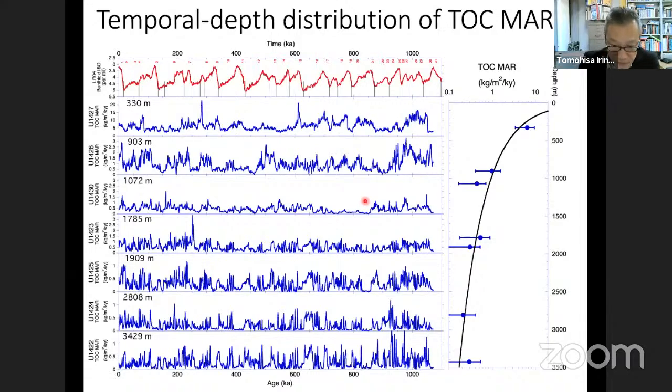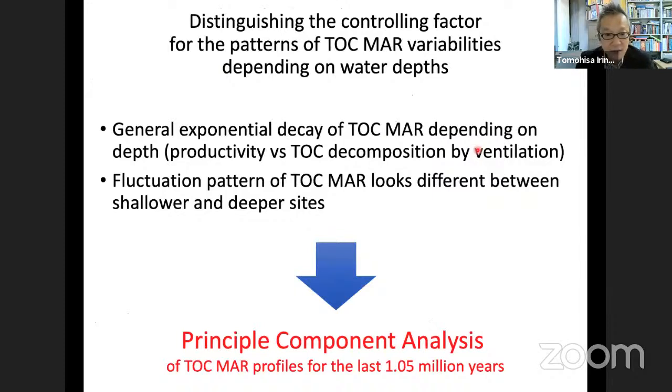So I tried to distinguish what kind of fluctuation pattern was hidden in these 7 temporal profiles of mass accumulation, right? So I just conducted the principal component analysis for these 7 data sets.